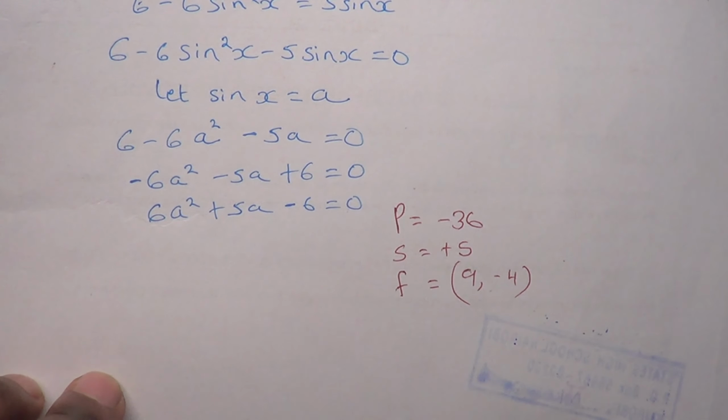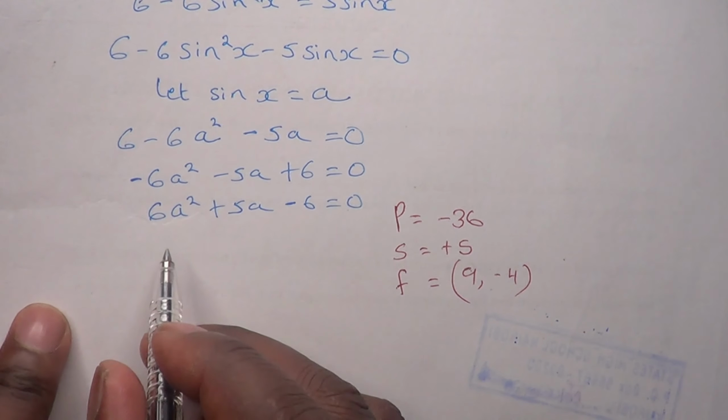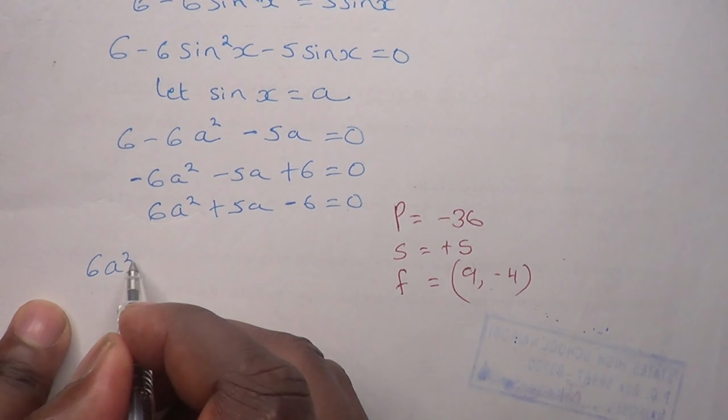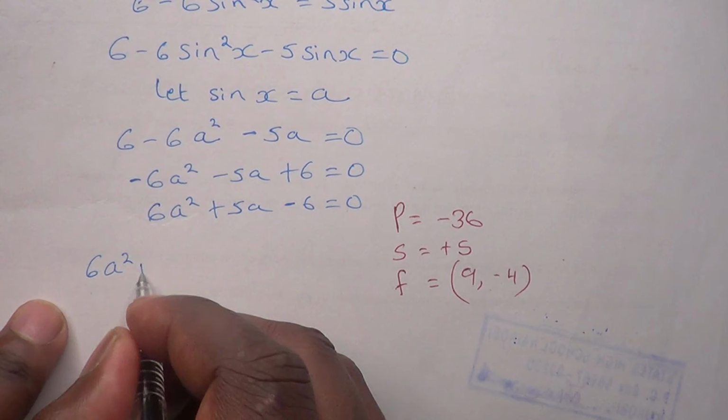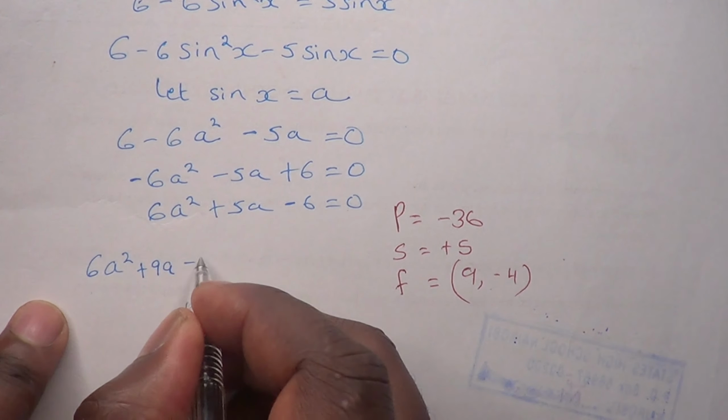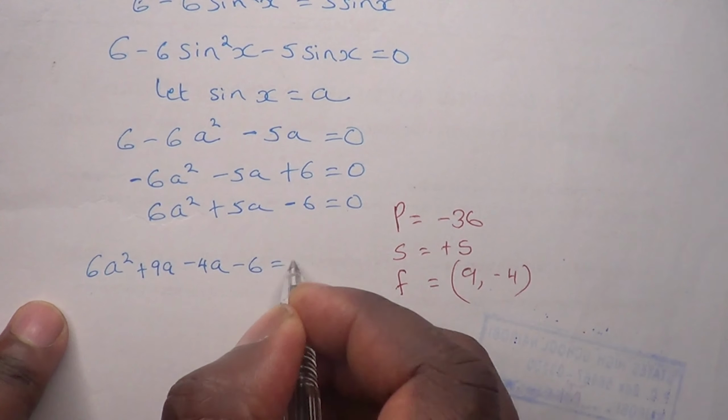So at this point here, I want to have 6a² plus 9a minus 4a minus 6 equals 0.